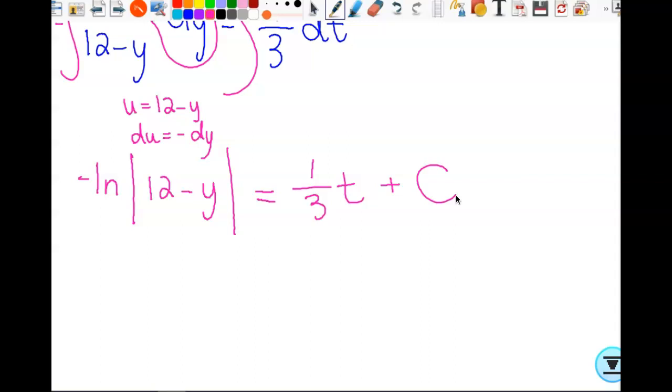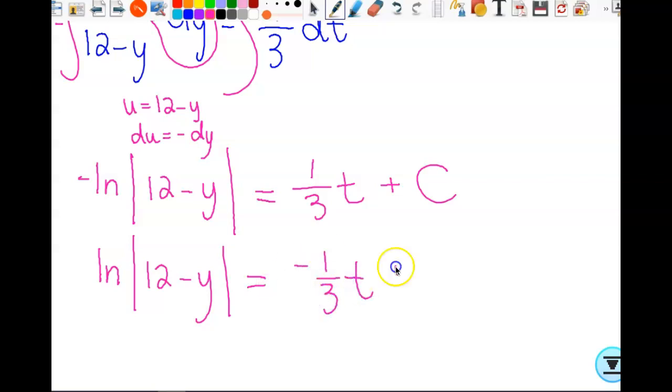So what's the first step I need to undo? The negative. Either multiply by a negative or divide by a negative. So natural log, absolute value of 12 minus y equals negative 1/3 t, and then I typically just say plus c sub 1. It's still a constant, it's just not the same as it was on the previous step. All right, what's the next thing?